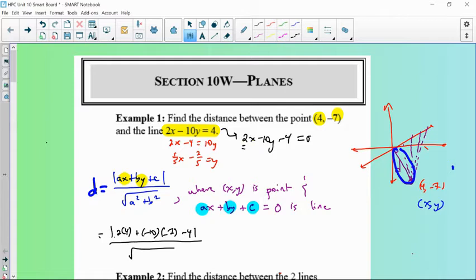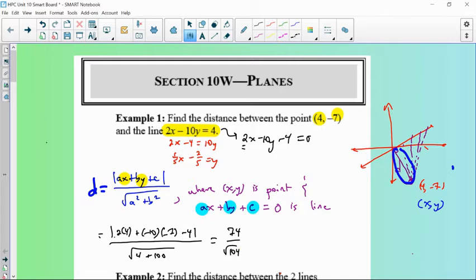So 2 squared plus -10 squared, so 4 plus 100. Then we get 8 plus 70, so it's 78 minus 4. So I get the absolute value of 74, which is still positive 74, over the square root of 104. Now we can simplify. There's a perfect square of 4 inside that.